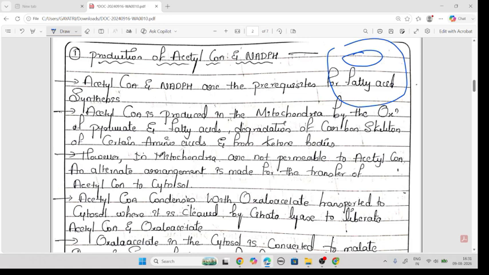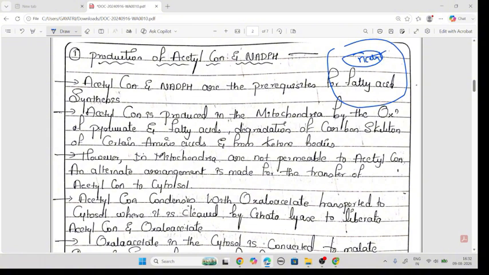However, the mitochondria are not permeable to acetyl CoA. Whatever acetyl CoA is produced in the mitochondria cannot be sent out to the cytosol of the cell, but the fatty acid synthesis takes place in the cytosol because all the enzymes are available there.